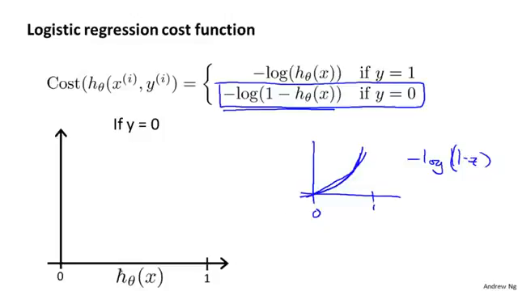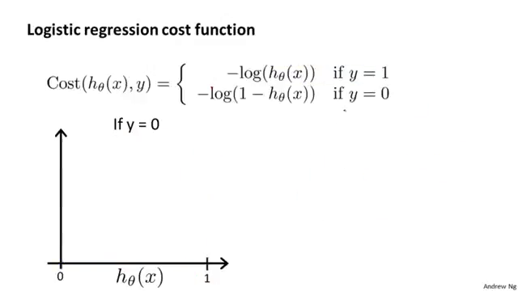And if you plot the cost function for the case of y equals 0, you find that it looks like this. And what this curve does is it now blows up and goes to plus infinity as h of x goes to 1, because it's saying that if y turns out to be equal to 0, but we predicted that y is equal to 1 with almost certainty, with probability 1, then we end up paying a very large cost.